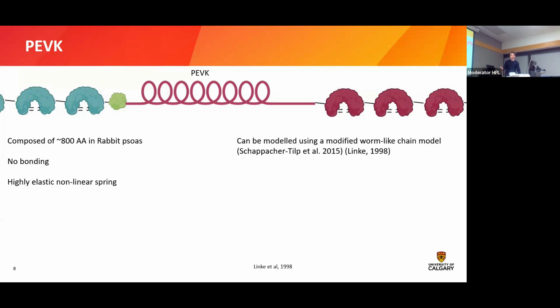So the PBK region, because it is a nonlinear spring that is highly elastic, can be modeled very effectively using something called a worm-like chain model. I'm going to put the equation here, but I'll explain it conceptually instead of mathematically so that everyone can understand what's going on.